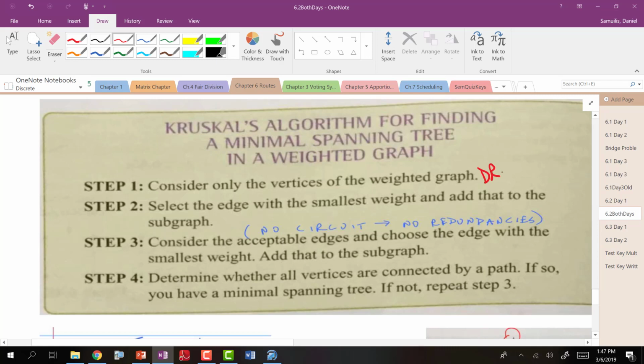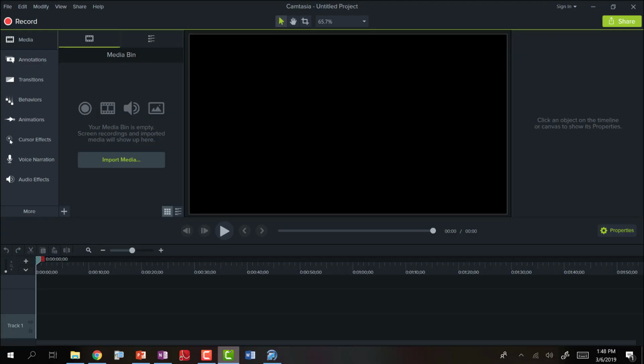And really consider only the vertices on your paper from your book. You just draw the vertices without edges. That's number one. That's what it means about considering the vertices. So just draw the vertices. Number two, step one is drawing the vertices, so I guess we'll call it step two: select the smallest weights available.